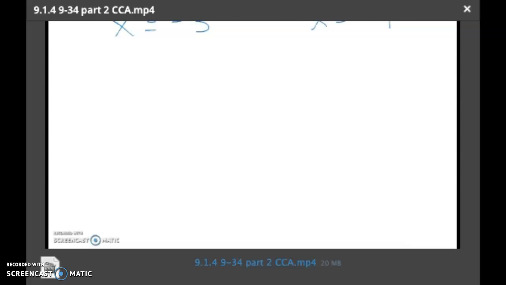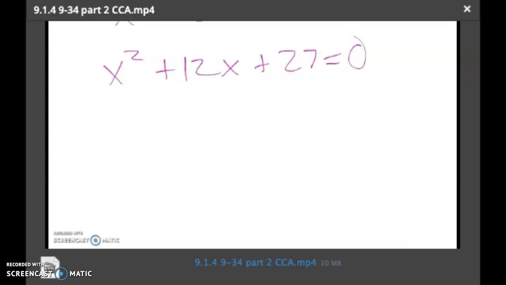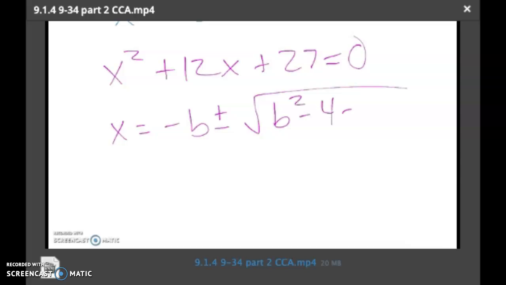Okay, rewrite my equation. Okay, and so the quadratic formula, if you remember, is x equals negative b plus or minus the square root of b squared minus 4ac all over 2a.